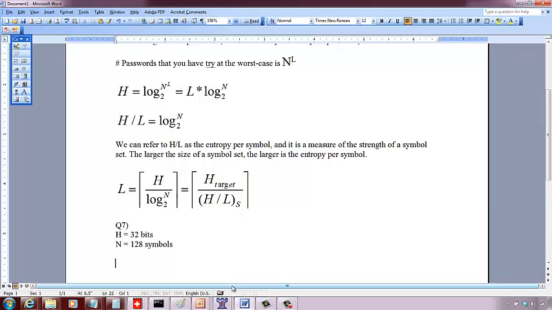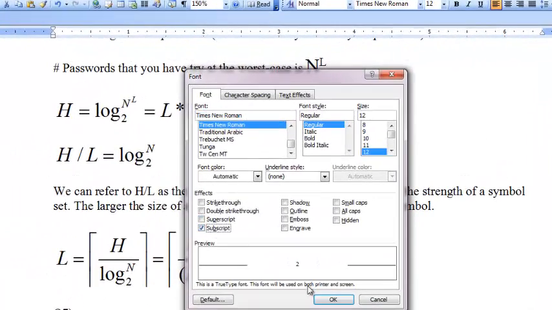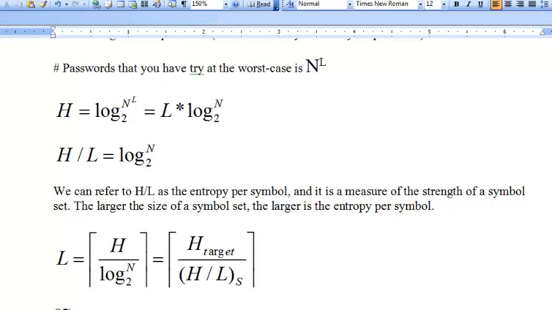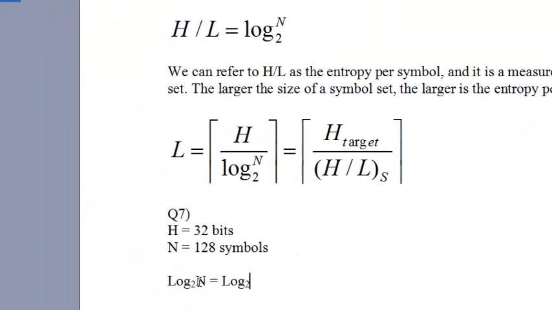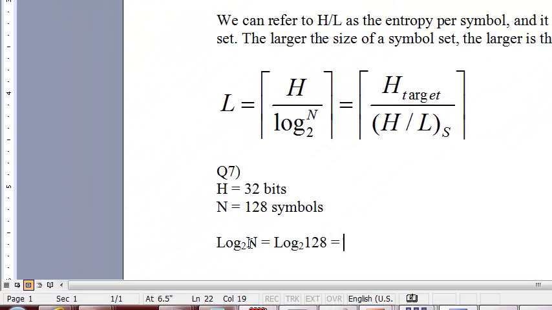Once you're given this, you can find log n to the base 2. So log n to the base 2 is going to be log of 128 to the base 2, which is 7, right? Because I can write 128 as 2 raised to 7.